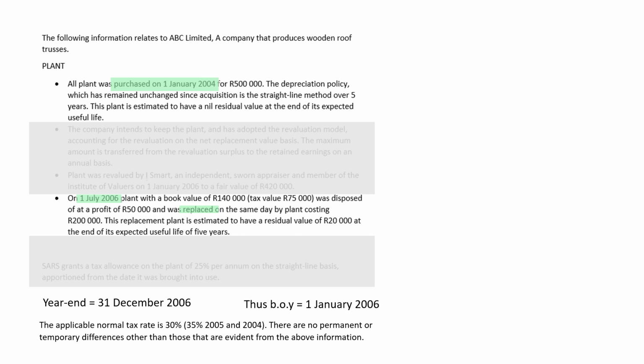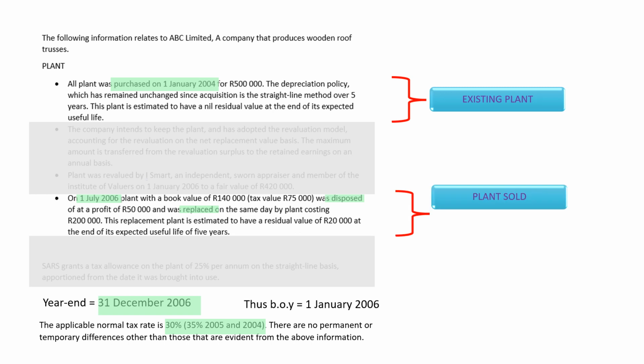Essentially, with this question, what you need to be aware of is that there are three things happening. First and foremost, you have an existing plant that you need to depreciate, plus you have a plant that you are selling as well as a new plant that you have acquired.